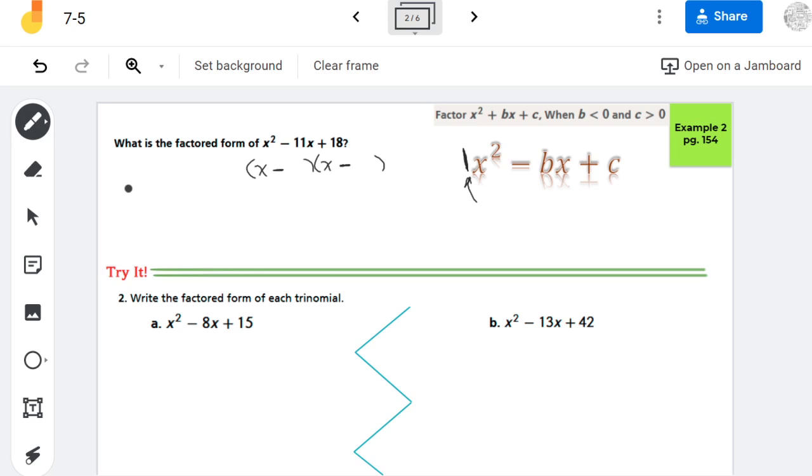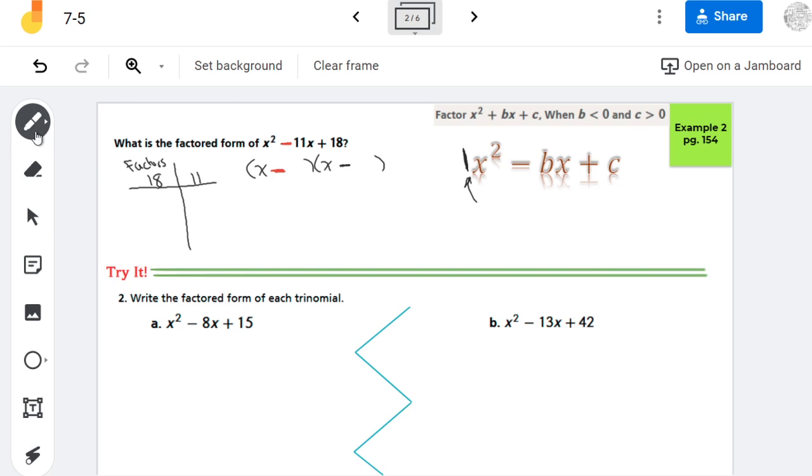Then we go ahead and set up our t-table. I'm just going to do a little bit of color coding here to help people see where some of this is coming from. When we write our t-table, remember I kind of flipped the c and the b, so I put the 18 first and then the 11.